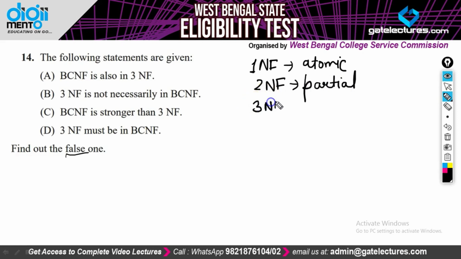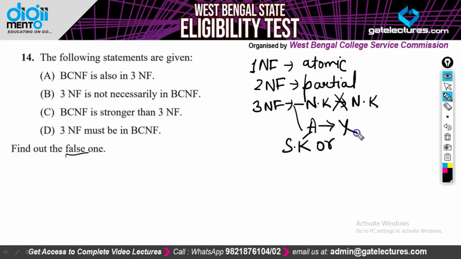Now 3NF says a non-key attribute should not determine a non-key attribute. It means no non-key attributes. Also there are actually 2 statements for 3NF. If there is a dependency given as A → Y, then if A is a super key or Y is a prime attribute, then also it is in 3 normal form.